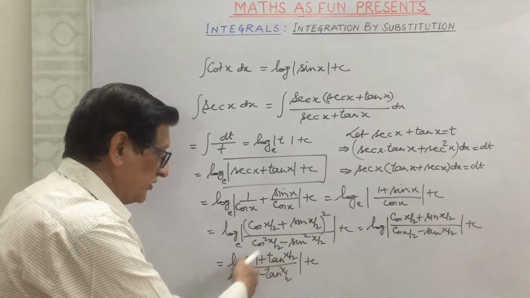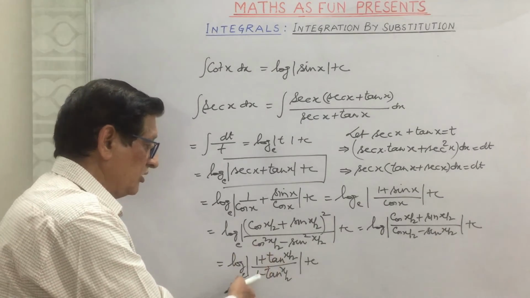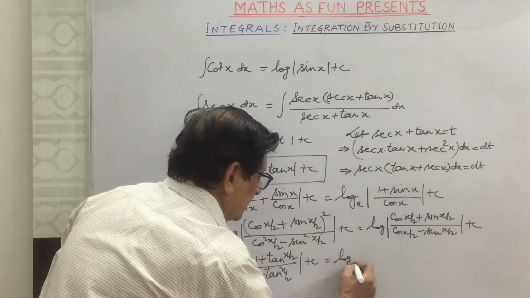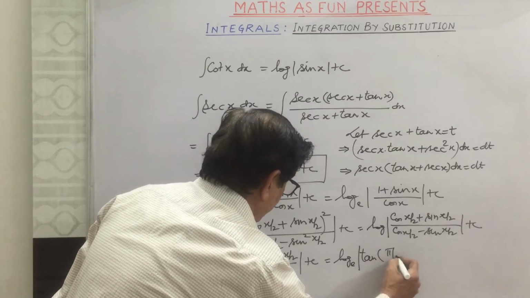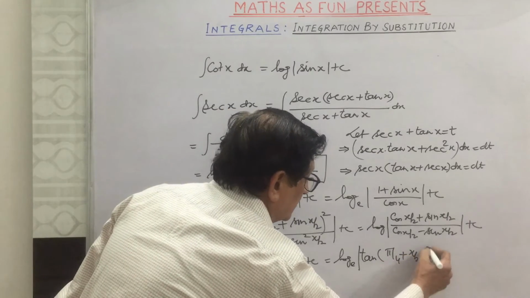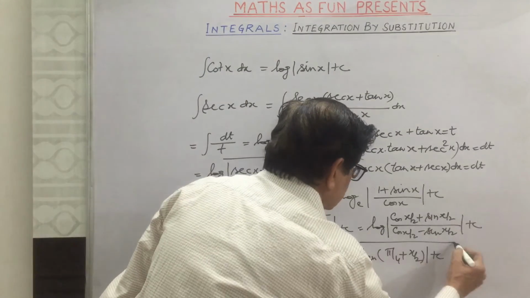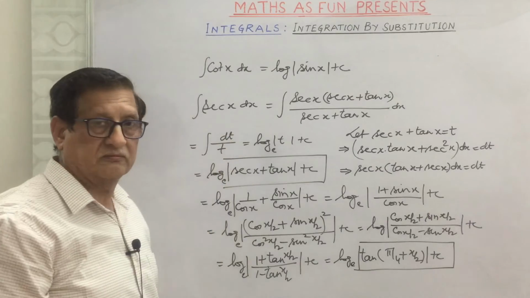We also know the formula for this. This is an identity: 1 plus tan x by 2 upon 1 minus tan x by 2 can be written as tangent of pi by 4 plus x by 2. So this becomes the second formula for the integral of sec x.